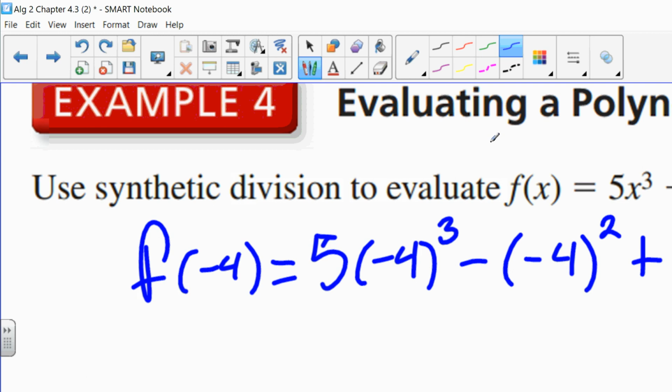To evaluate it, we replaced x with whatever that number was. So here we're going to replace every x with -4. Earlier, we would plug the entire thing into the calculator and let the calculator evaluate it for us.